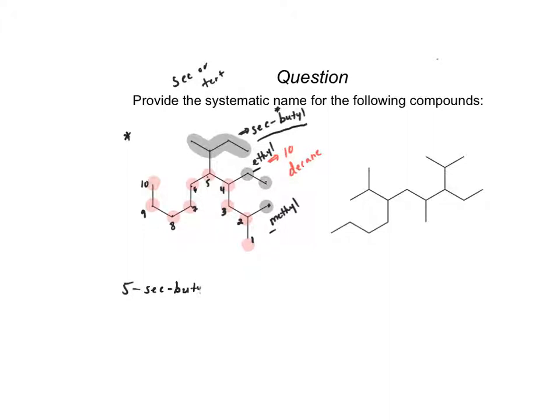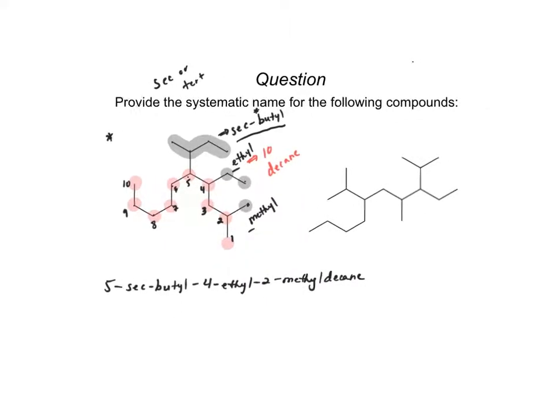So now we'll move on to the next one. Between ethyl and methyl, ethyl will come next. This is 4-ethyl. And then we have a 2-methyl. And then we have our parent, which is decane. So 5-sec-butyl-4-ethyl-2-methyldecane.